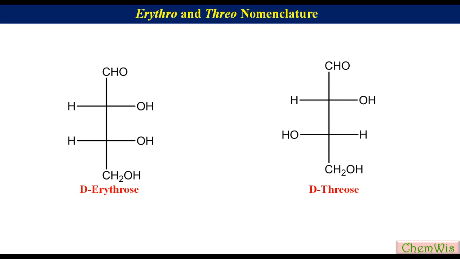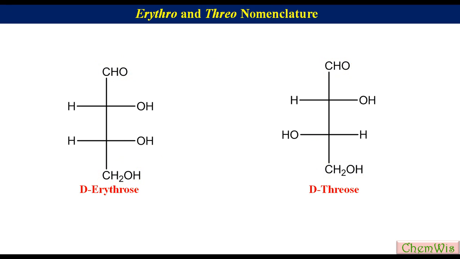If you look at the Fischer projection formula of D-erythrose and D-threose, the two chiral centers are different and the two different substituents, CHO and CH2OH, are on the vertical lines.